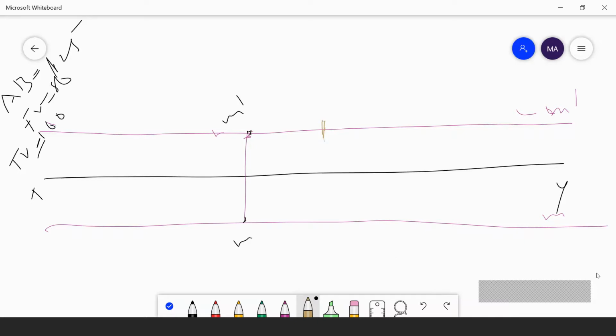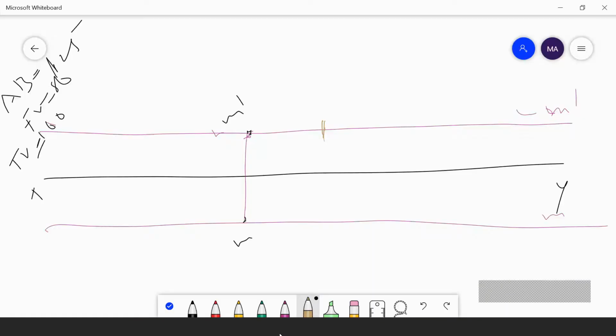Considering 40 at this point, this one will be Q2. This is the projection downwards. This one will be Q2 dash.